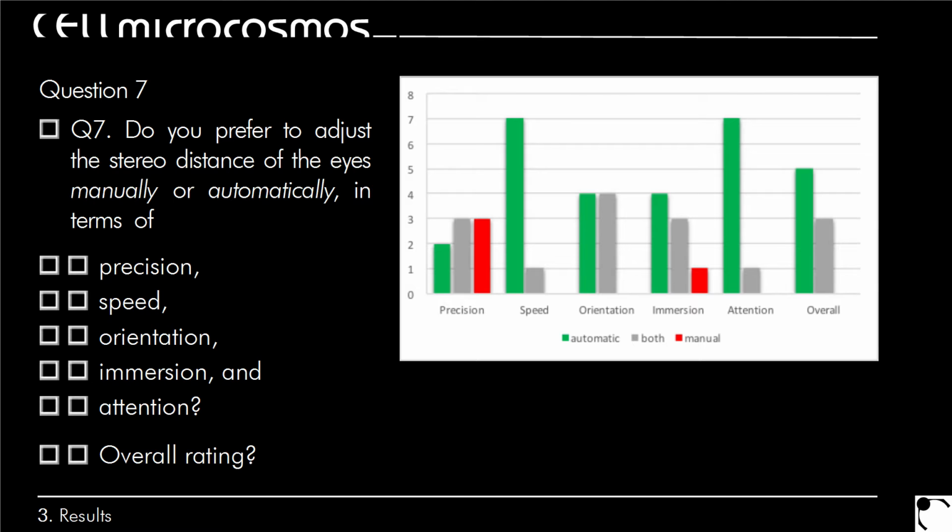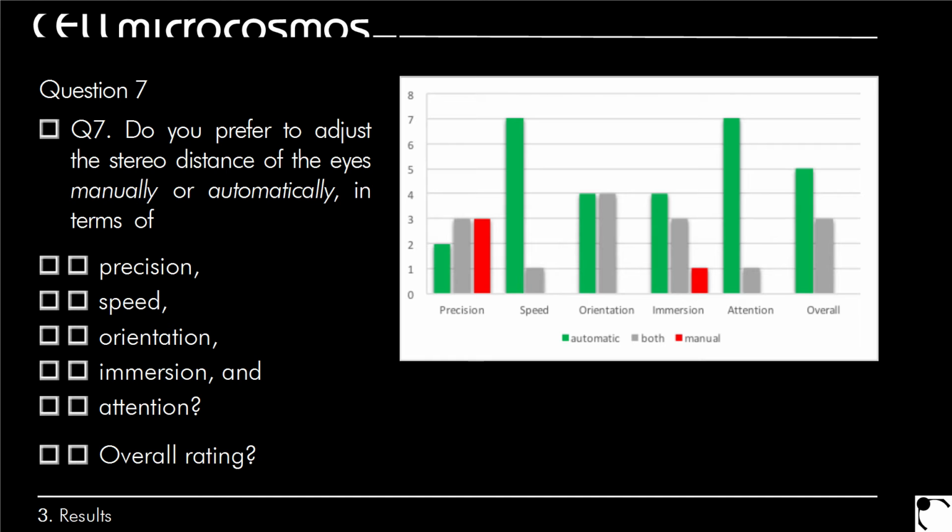Then also very important here, the overall rating is quite good for our approach. So nobody said, okay, I preferred the manual one. Then in terms of orientation, also the space map was winning. But then we come to the immersion. Immersion was not so good in this environment. I think, yeah, because you had always to change between the 2 different views.